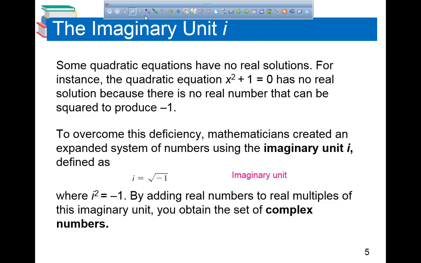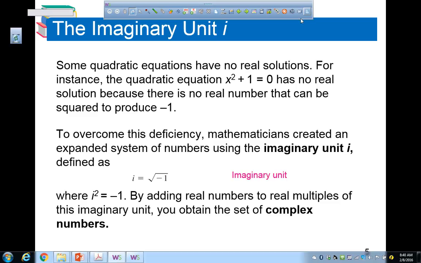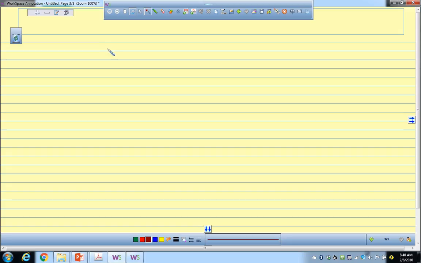I'm going to buzz through this pretty quick, but i is the square root of -1. Most of you know that? If i is defined as the square root of -1, that means i squared is just -1.